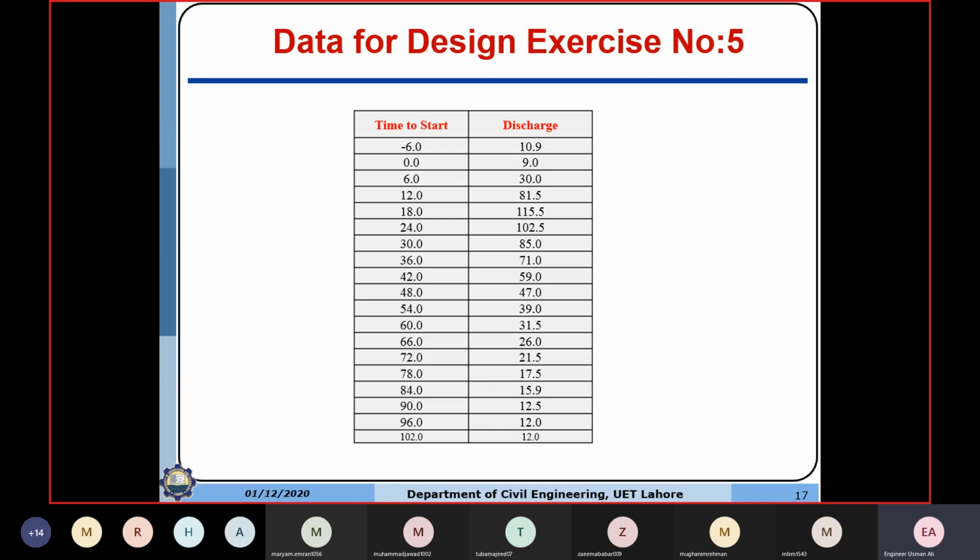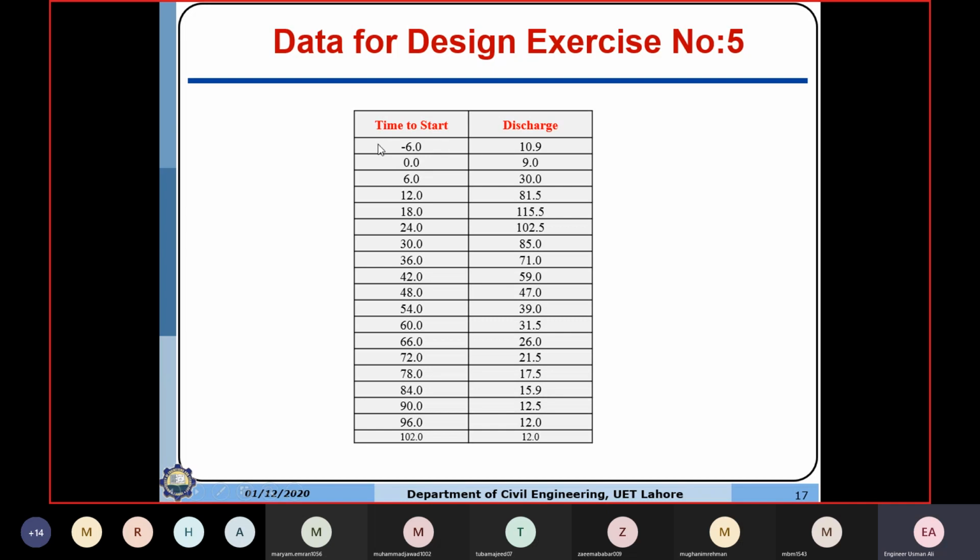That discharge has been recorded or measured with respect to certain time intervals. After every 6 hours the discharge is measured, so this 6-hourly discharge data is given as a result of 6-hour rainfall over the area.